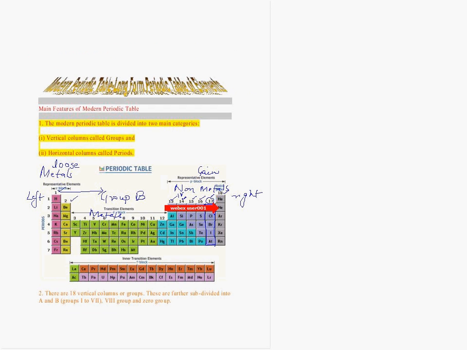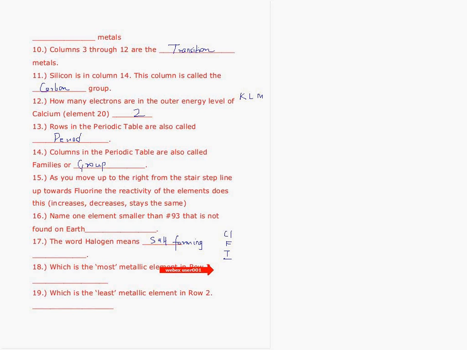Metals start from here and go here, so the most metallic will be lithium, because it is in row 2. Right? Okay.